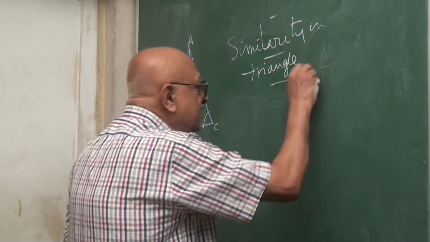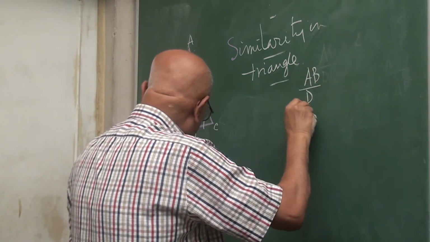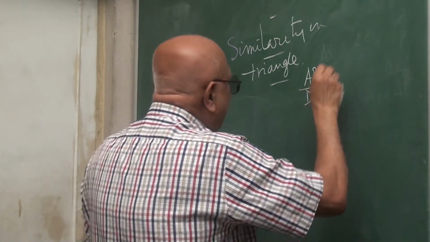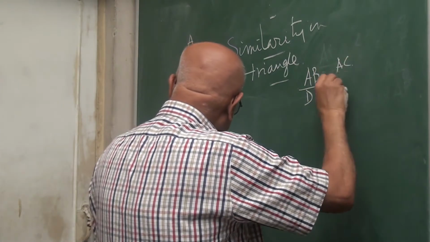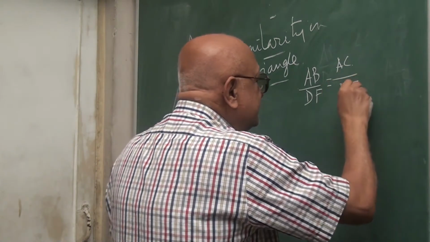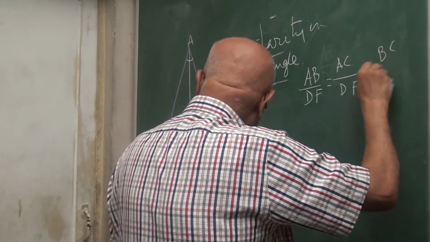Let me write it down. AB by DE is equal to AC by DF, and that is equal to BC by EF.